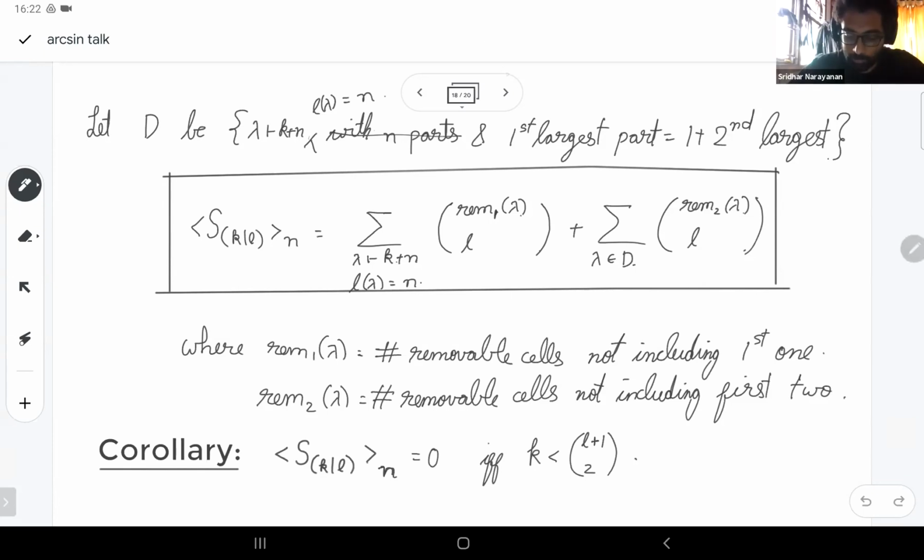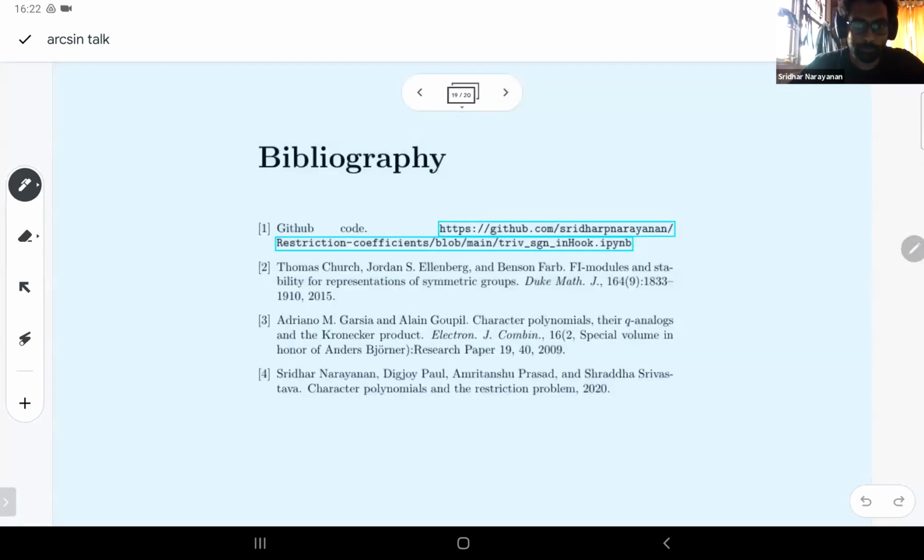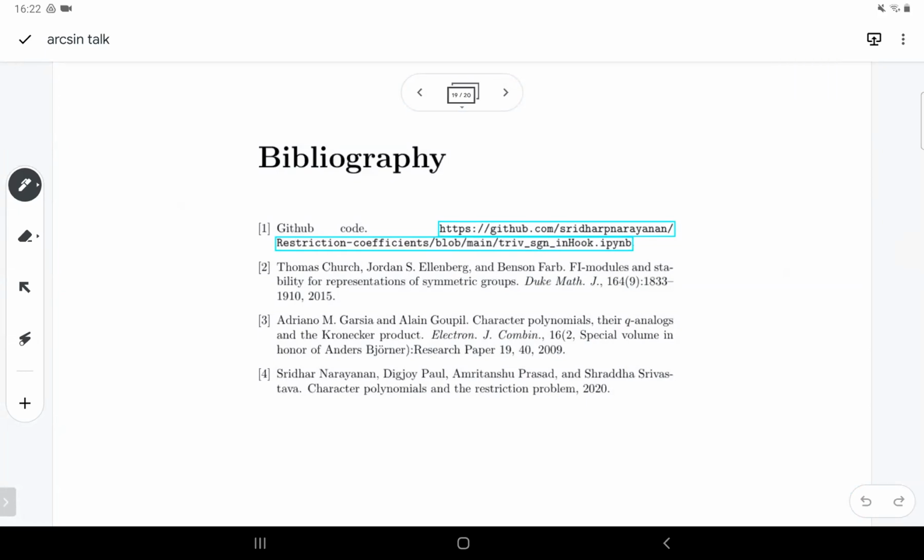But so far we don't know what the interpretation is. Maybe you could try this for a small non-hook and see an example. We've tried to do this for 2-row shapes, but it doesn't work. You get a partial cancellation, but you don't get a purely positive sum.